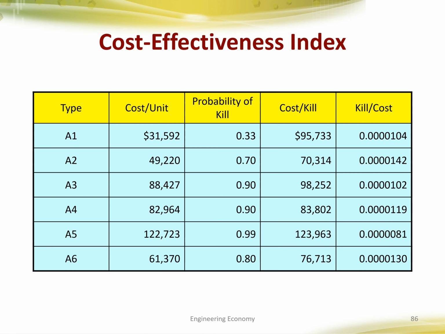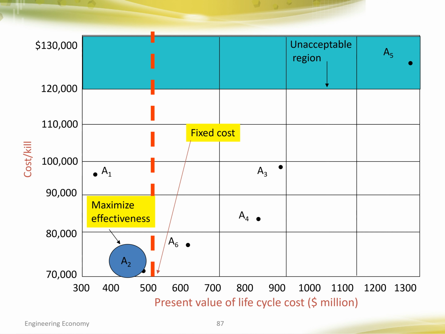So we take these data and we can plot them. Here the x-axis is the present value of life cycle cost. That is the present worth of all the expenses. And the effectiveness is the cost per kill.